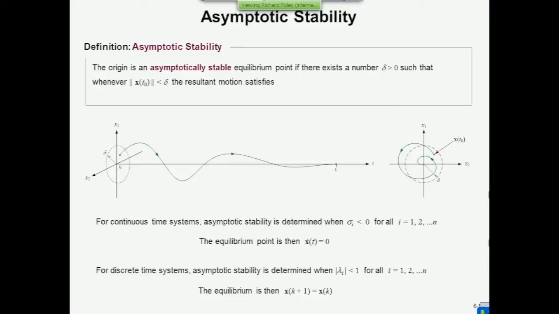But notice, if it's a discrete time system, there's a difference, because what it means in steady state is that the next state is no different from the current state. And so the state x(k+1) is the same as x(k). And so when you look at the steady state for a discrete time system, the important thing is that the right-hand side is not 0 anymore.